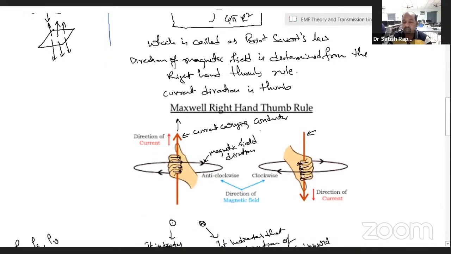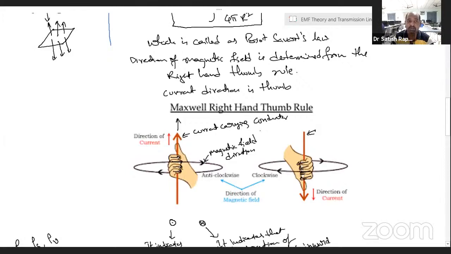The direction of the magnetic field can be determined from the Maxwell right hand thumb rule. If you hold the current carrying wire with your right hand, with the thumb pointing towards the current, then the other fingers curl in the direction of the magnetic field.